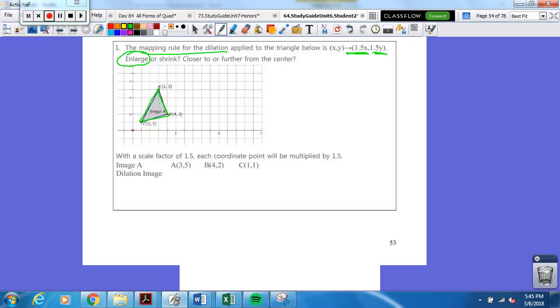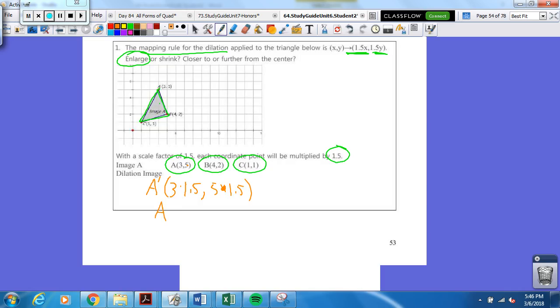So what am I going to do? I need to dilate all of these by the scale factor of 1.5. Let's do it. Write this down. A prime, that's going to be our new A, is 3 times 1.5 for the x, comma, 5, that's the y, times 1.5.